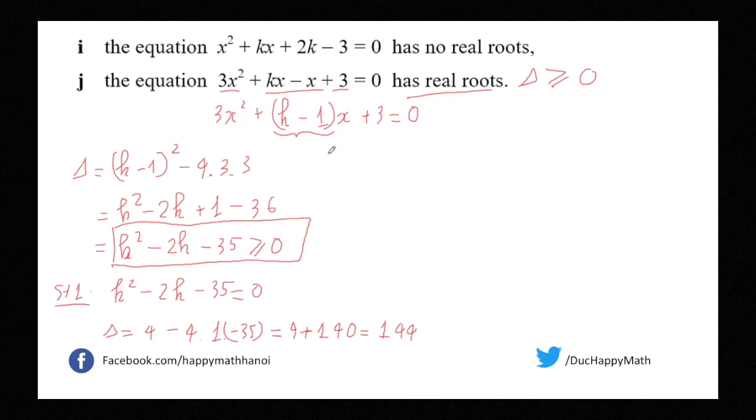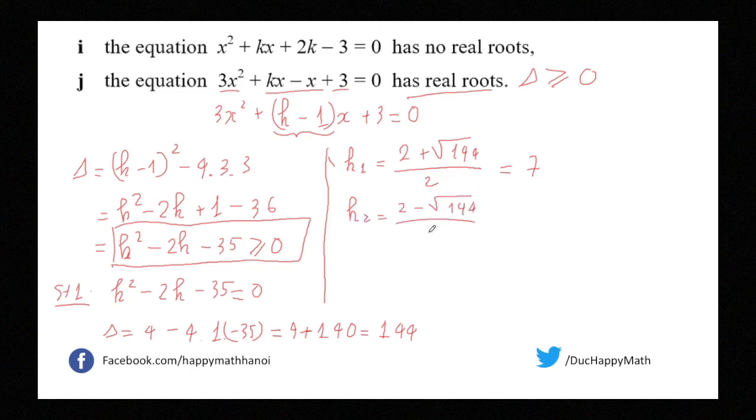So k1 will be minus b, meaning 2, plus the square root of 144, which is 12, divided by 2. 12 plus 2 is 14, 14 divided by 2 is 7. k2 is 2 minus 12, which is minus 10, and minus 10 divided by 2 is minus 5.